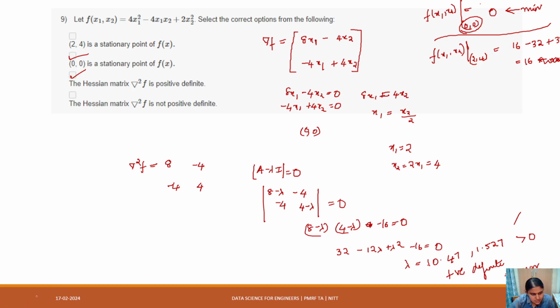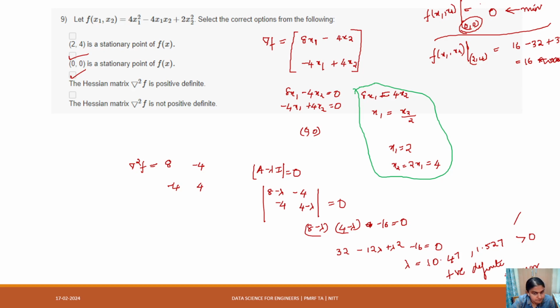That's why this particular case we haven't taken. I hope that's clear.